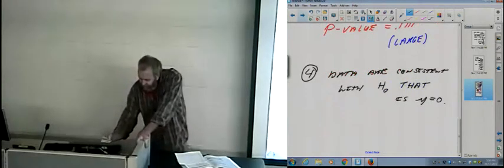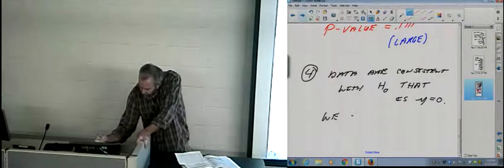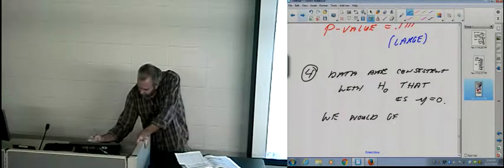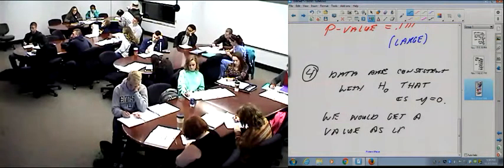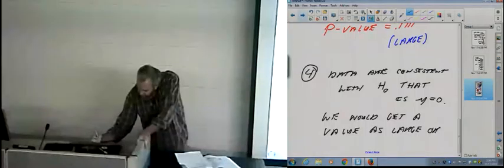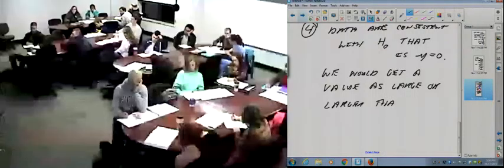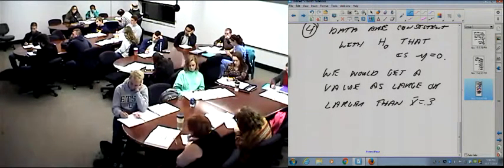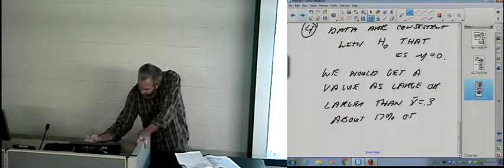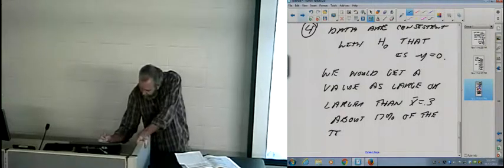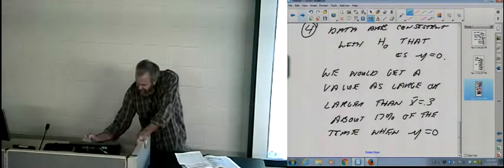One other statement here. We would get a value as large or larger than x bar equals 0.3 about 17% of the time when mu is equal to 0.